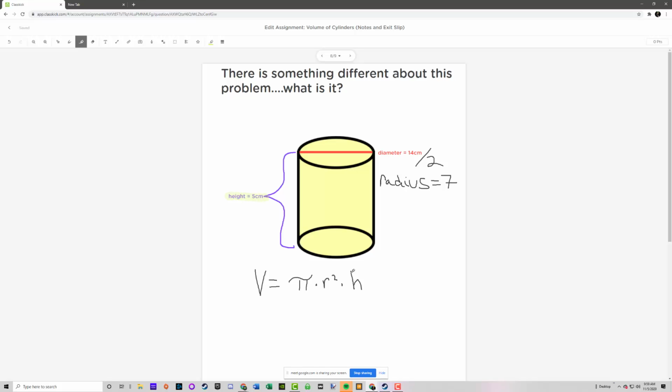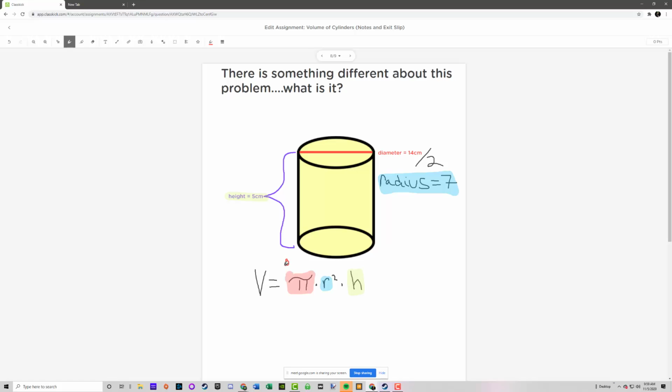So we know the height will be 5. We know the radius will be 7. Then we know that pi is going to be 3.14, like it always is. That does not change from one problem to the next.